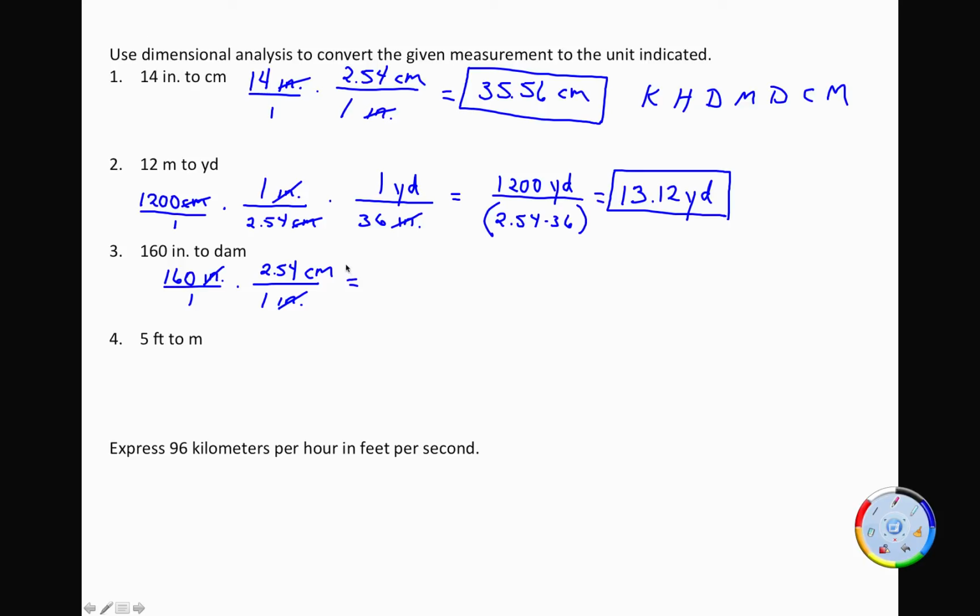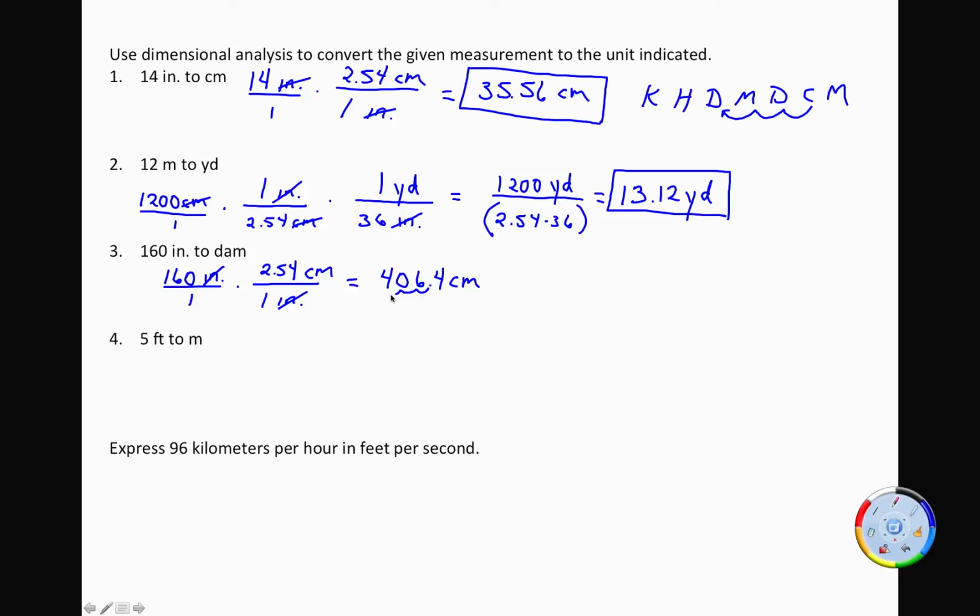Right, 160 times 2.54 is 406.4 centimeters. But it asked me to go to decameters. So I come up here, centimeters to decameters is 1, 2, 3 places to the left.